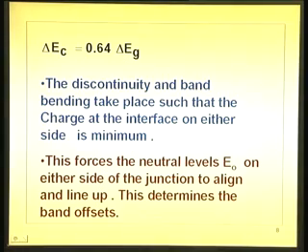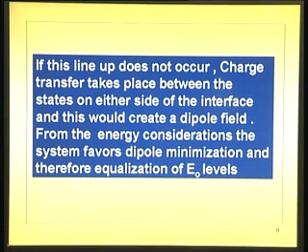Now, if you agree on that, now we know how to work out the number. How much is this delta EC, we can work out from there. So, the entire criterion is the alignment of the neutral level, so that charge difference on this side and that side are same, 0, charge on both sides are same. If there is a difference, there will be charge transfer to bring them closer to each other. So, it may not exactly match, but close to each other.